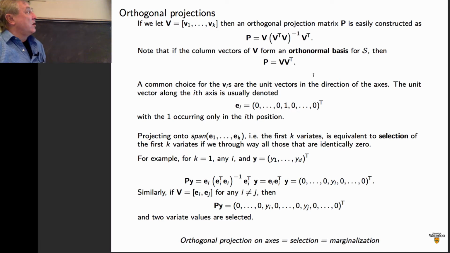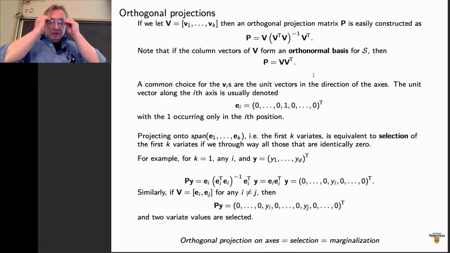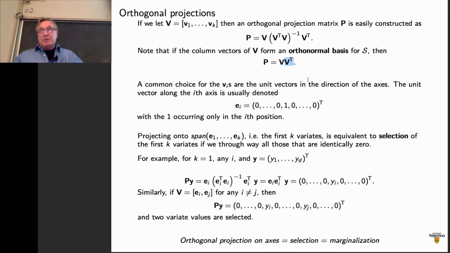Because every column of P, if you think of the first column, we've got a product of two matrices, it's going to be taken from the first column of this second matrix, times the matrix V, which is going to be a particular linear combination of V1, V2, up to Vk.